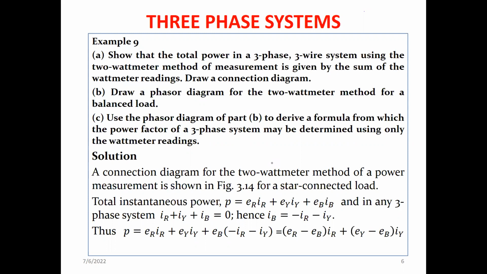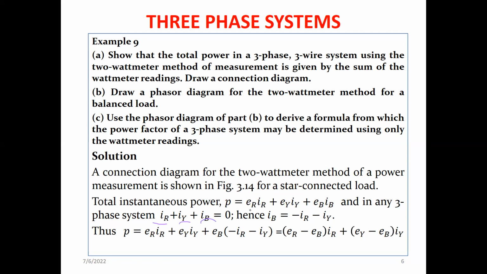So the total instantaneous power will be ER multiplied by IR, plus EY IY, plus EB IB, where Y is the yellow phase, R is the red phase, and B is the blue phase. That is the voltage in the red, yellow and blue phases, and in the 3-phase system we have the current in the red phase, the blue phase, and the yellow phase.